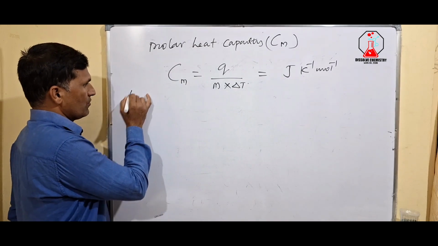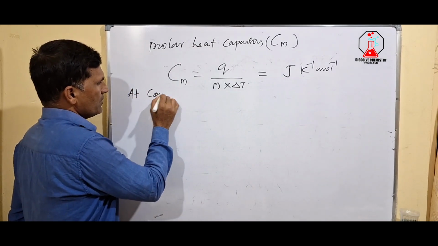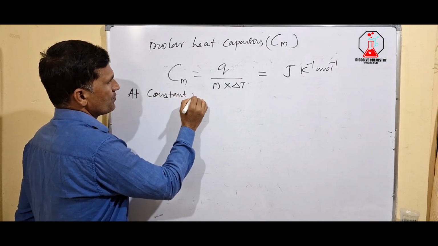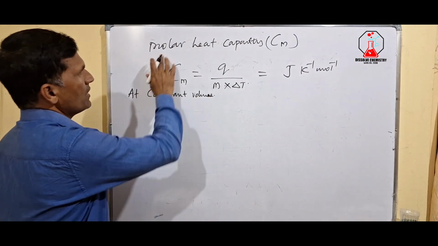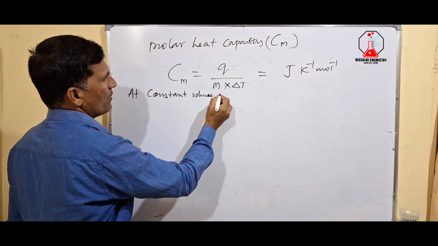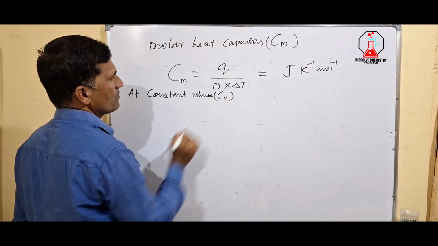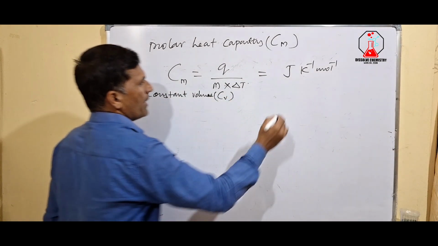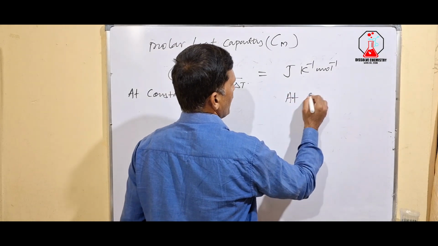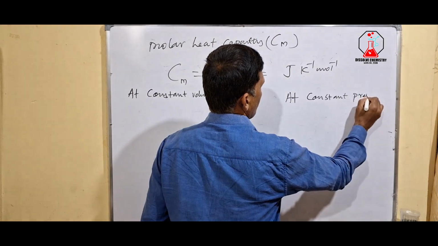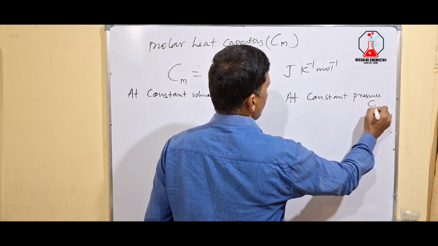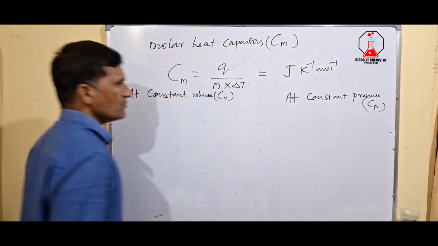One is at constant volume, the molar heat capacity of the gas at constant volume, which is represented as Cv. And molar heat capacity at constant pressure is represented as Cp.